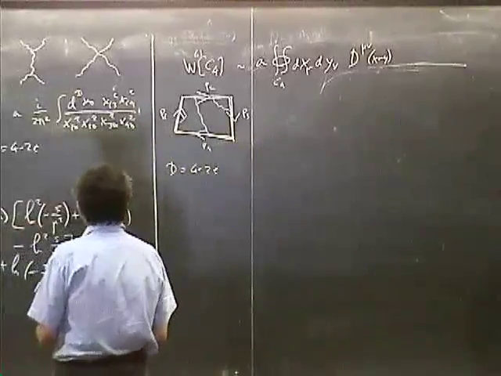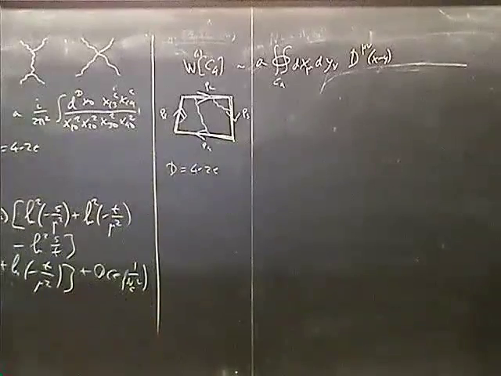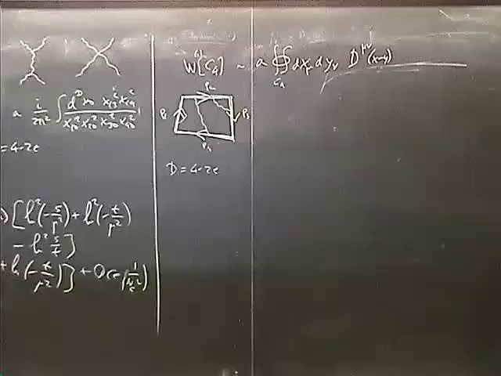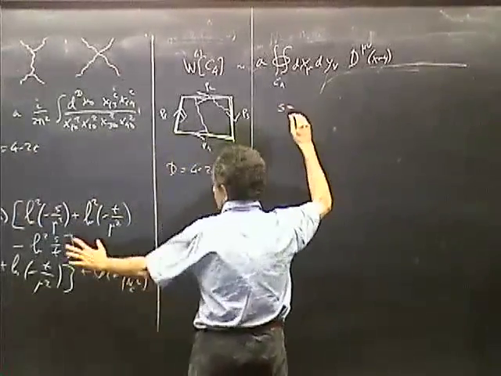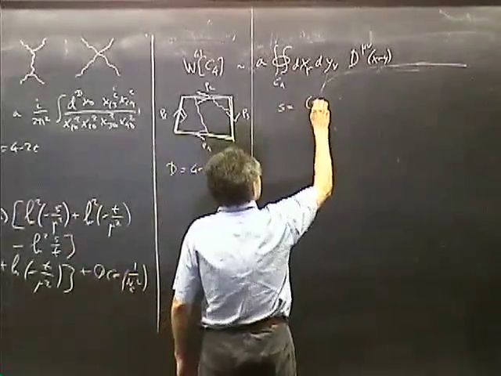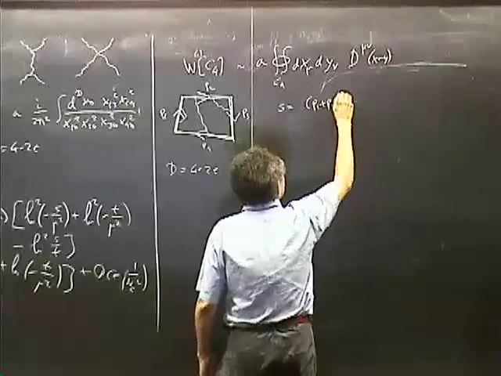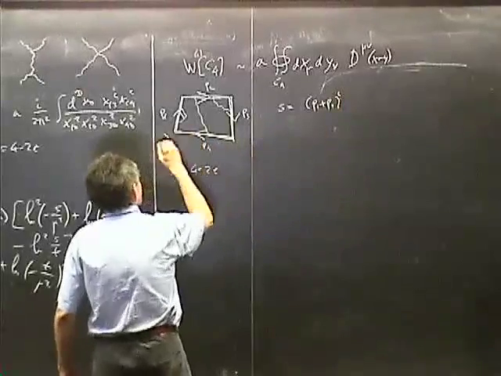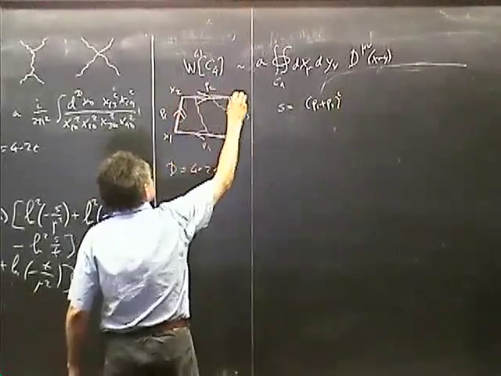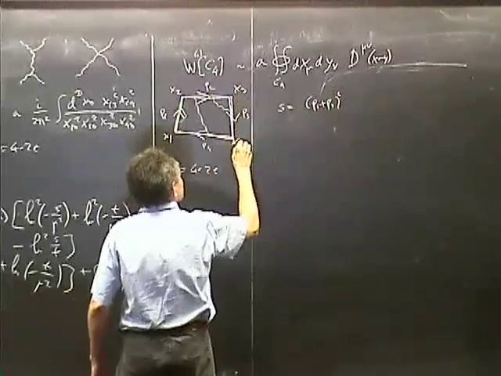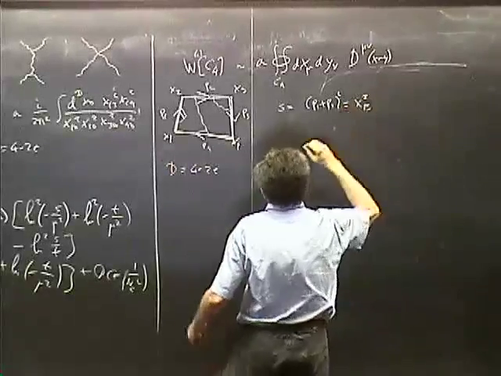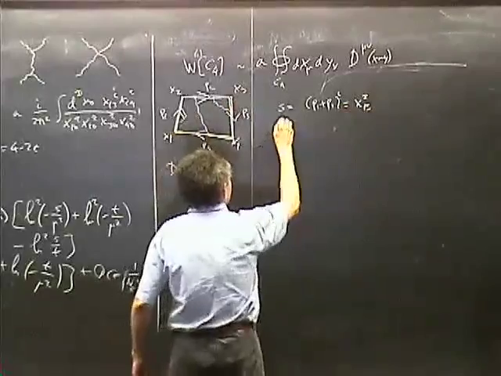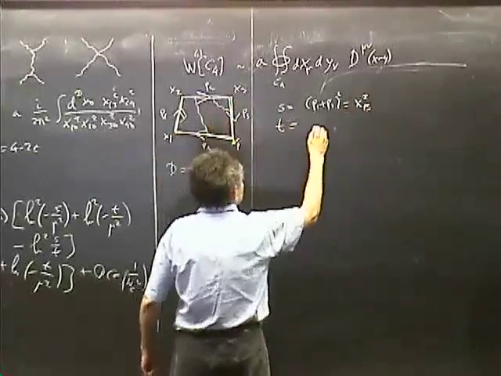At the end of the day you obtain an expression which looks almost like this, with the only difference that S in these notations will be (P1 plus P2) square, the distance between these two points. Let me call them x1, x2, x3, x4. So this will be the distance between points on the Wilson loop which correspond to one of the diagonals, and T will correspond to the second diagonal.